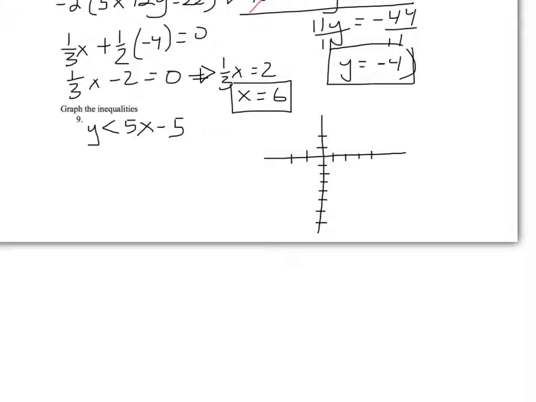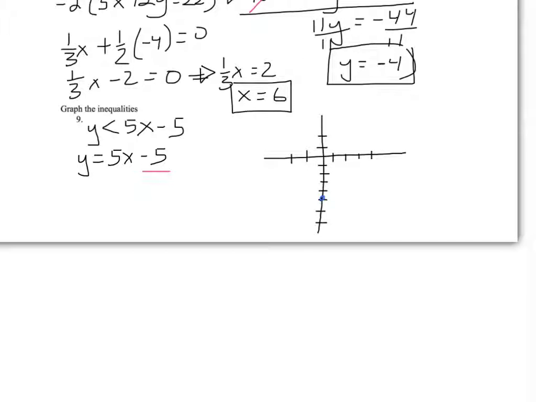The next problem asks me to graph an inequality, which means I'm going to first graph the line y equals 5x minus 5. I note that the y-intercept is negative 5, so 1, 2, 3, 4. I'll do this in blue down there.